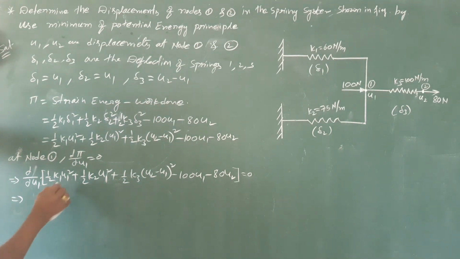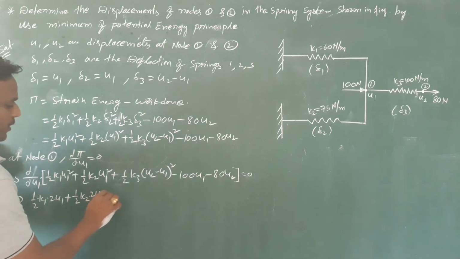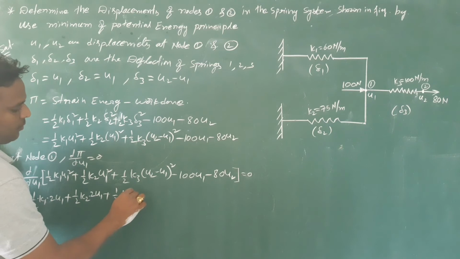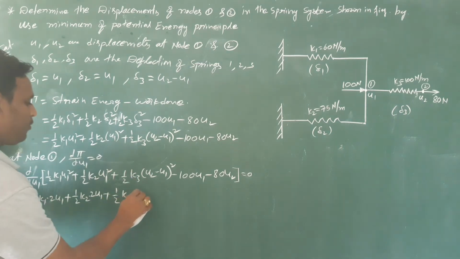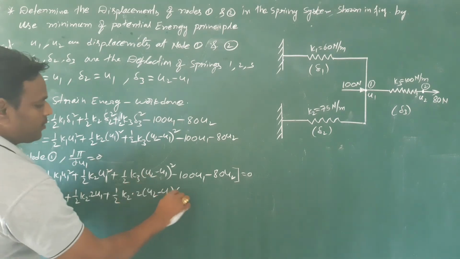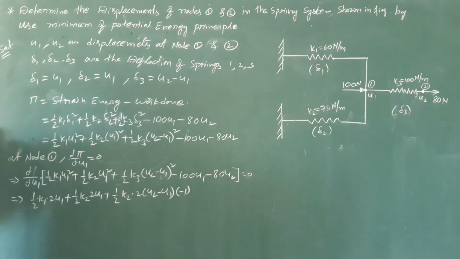After differentiation, we will get half K1 into 2 into U1, plus half K2 into 2 into U1, plus half K3 into 2 into (U2 minus U1). With respect to U1, the minus U1 is there, and its differentiation is minus 1.